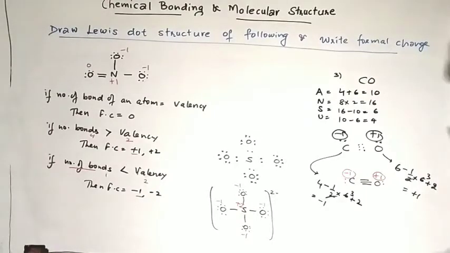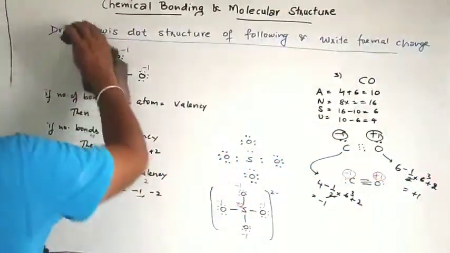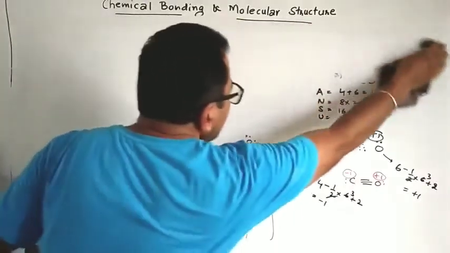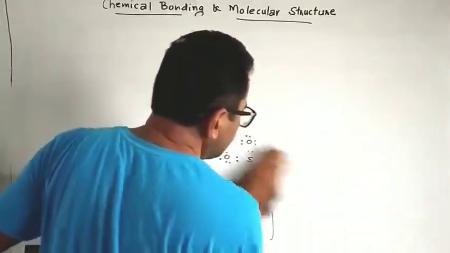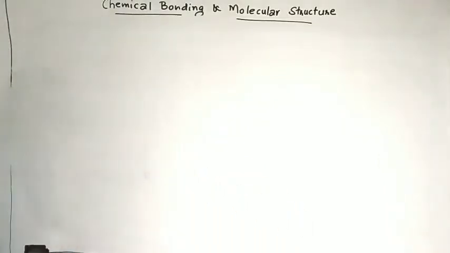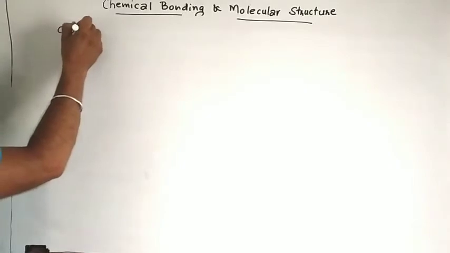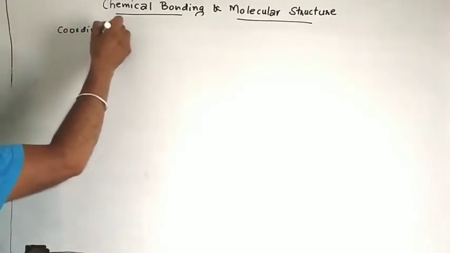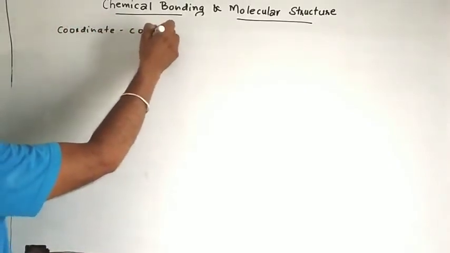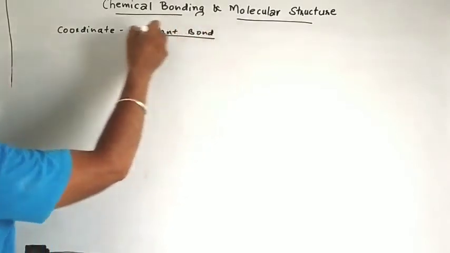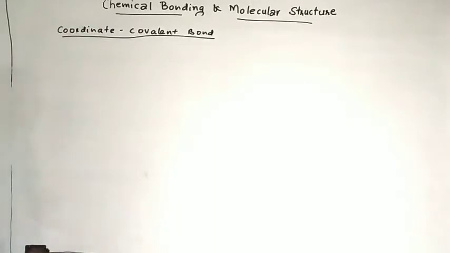Okay. Next, we will discuss the coordinate bond, the third type of bond. That is also called the coordinate covalent bond, because bonding is of two types, either covalent or ionic.